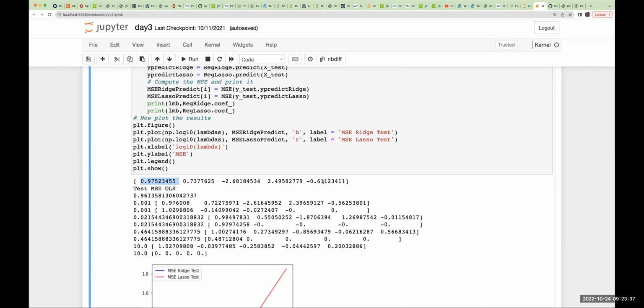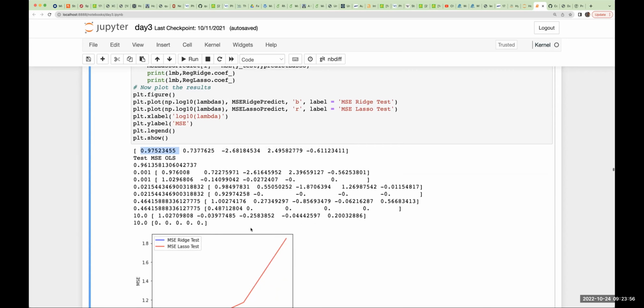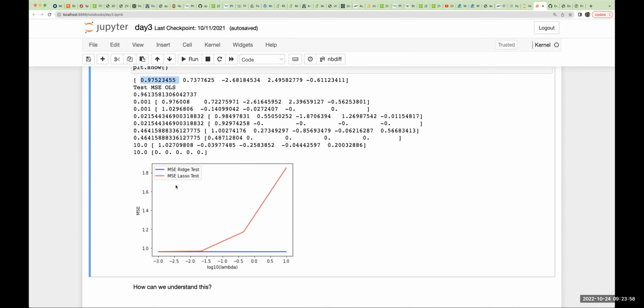In this case, you'll see that after calculations with different values of lambda, lasso and ridge tend to squeeze down the values of the other parameters. And at the end, with the lasso, I get a result where the mean squared error just keeps growing because I'm running all the parameters down to 0.